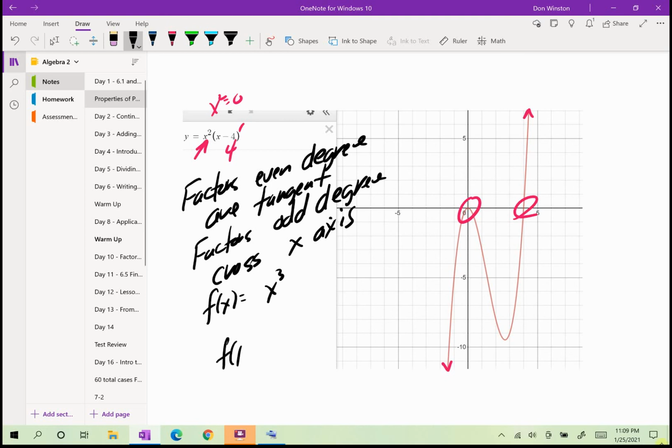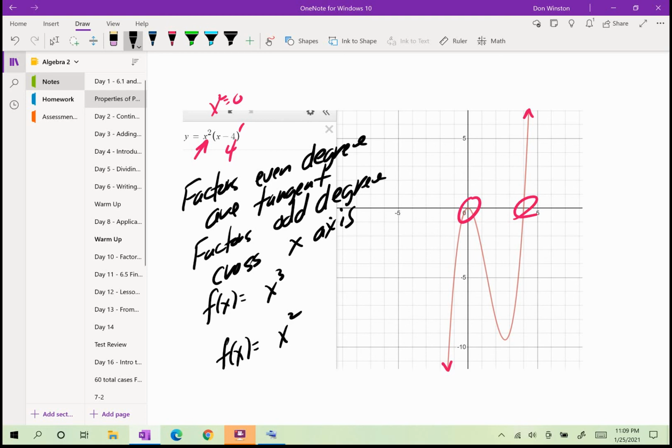But if I have f of x equal to x squared, the y value will never be negative. Okay, if I take a negative and square it, I'll get a positive. If I take a positive and square it, I'll get a positive. So we say factors with even degree, like x squared, are always tangent.